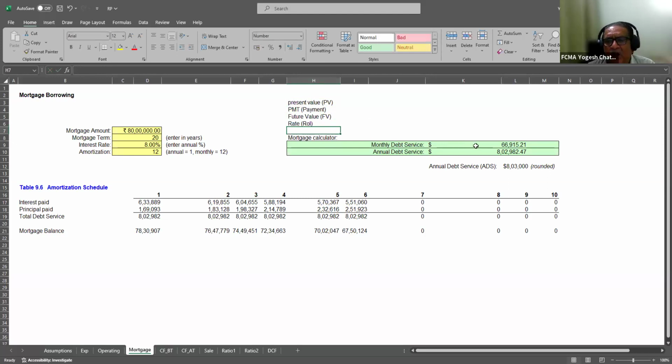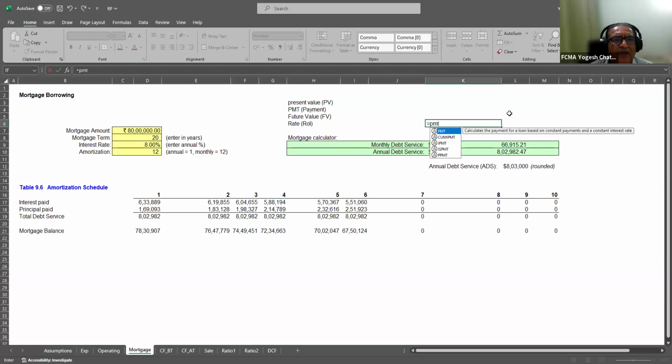So see if I make use of the PMT function here. PMT, that is my payment, with which you can find the EMI. First you need to give the rate. So rate of interest is 8%. Then the number of periods. So the number of periods will be 20 multiplied by 12.